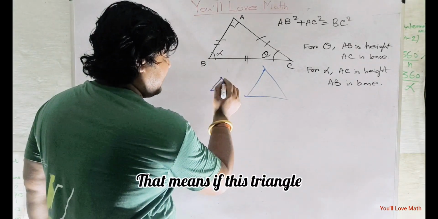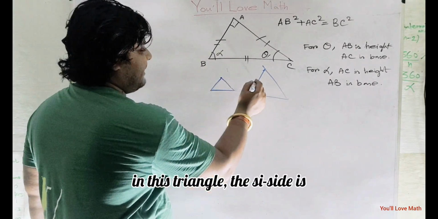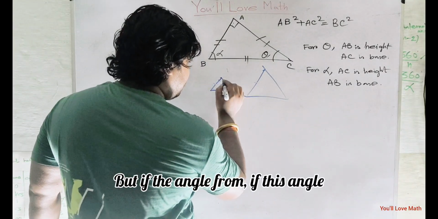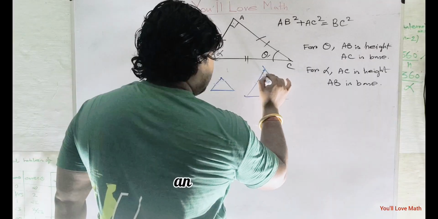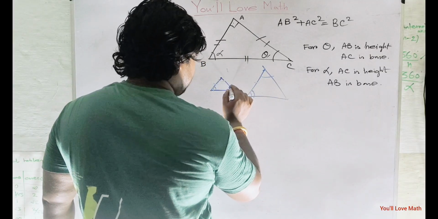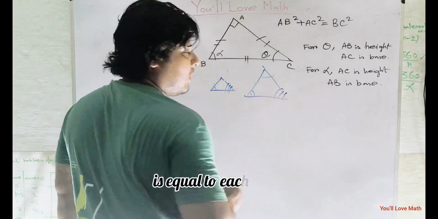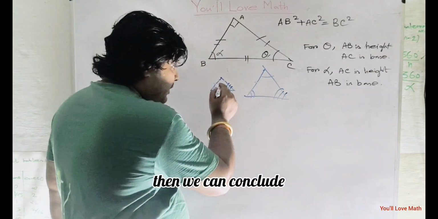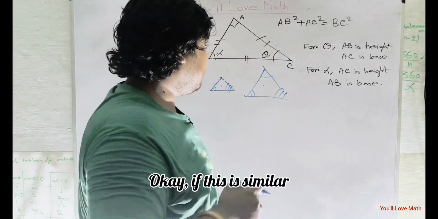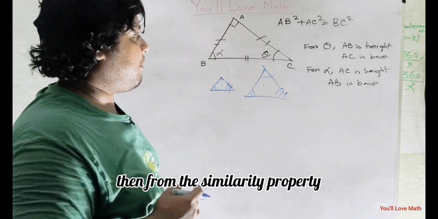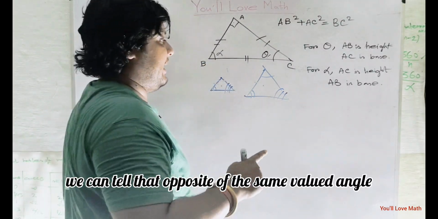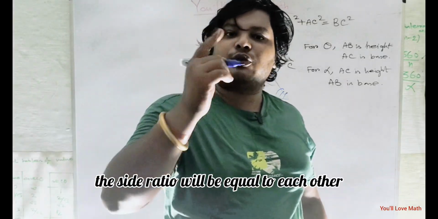The sides are different, but if this angle and this angle, this and this, and this and this are equal to each other, then we can conclude that these two triangles are similar. From the similarity property, the ratio of sides opposite the same valued angles will be equal to each other.